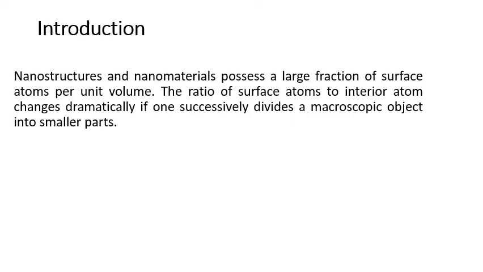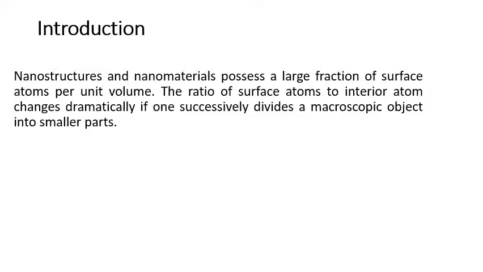When we reduce the size, the important thing is surface. Surface increases and it plays a lot of role. Nanostructures and nanomaterials possess a large fraction of surface atoms per unit volume. The ratio of surface atoms to interior atoms changes dramatically.